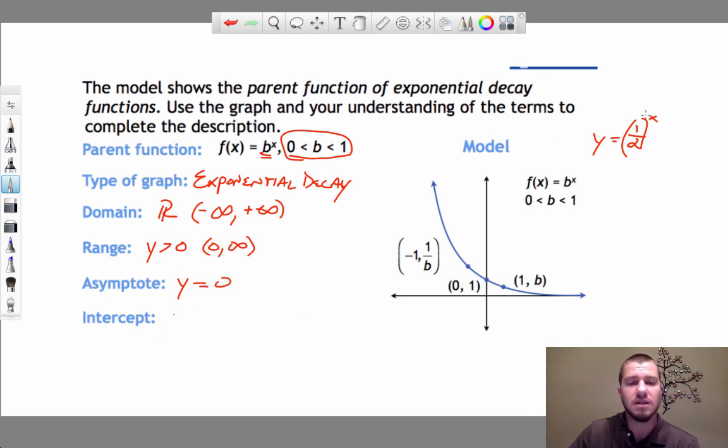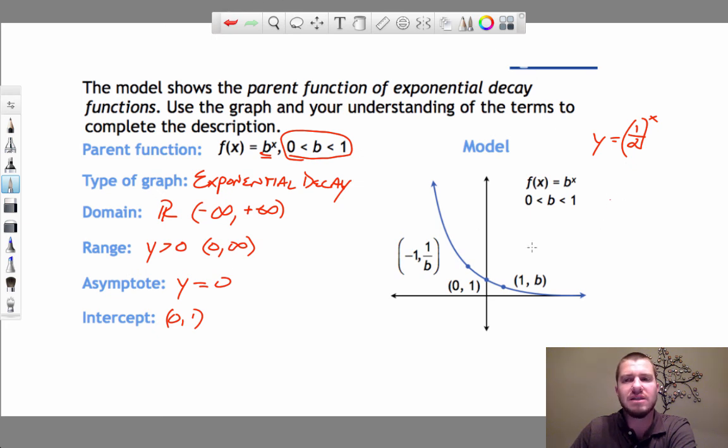And your intercept is still at (0, 1) because, again, if I plug in 0 for the x, it doesn't matter what that number is, it's still equal to 1. What changes is these points here. These points are still the same, except when you have 1 over b, it basically will flip this fraction.